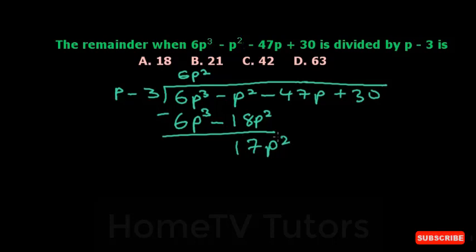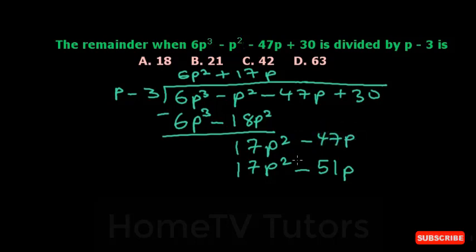P and 17p square we have plus 17p. Now with time we use 17p to multiply these two, we get 17p minus p, we have 17p square. 17p times minus 3 we have minus 51p. Then we need to bring down this minus 47p.